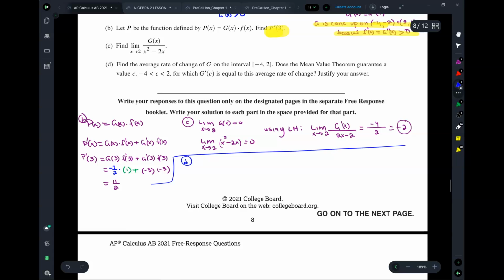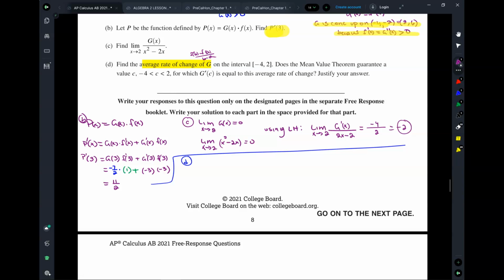D says, find the average rate of change of g. Average rate of change, that's f of b minus f of a over b minus a, on the interval negative 4 to 2. I'll stop there.